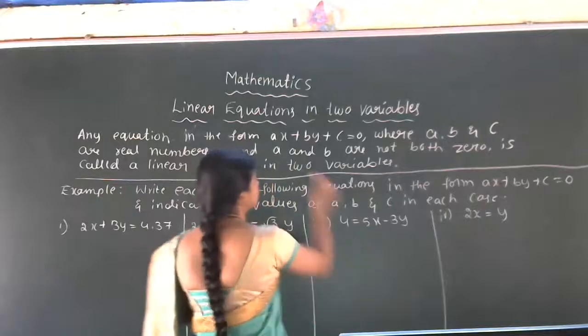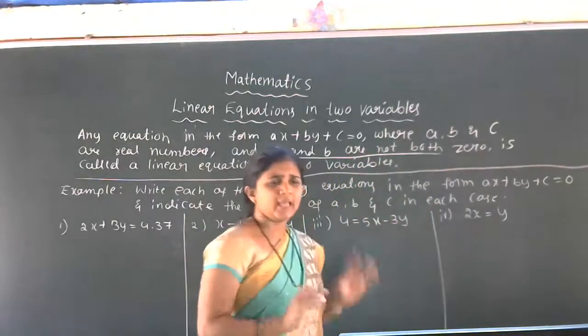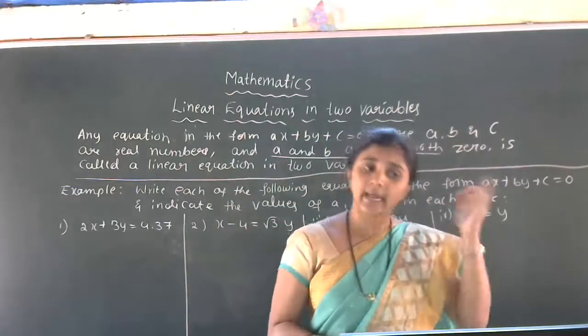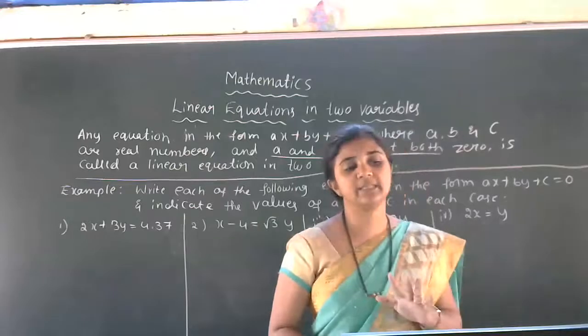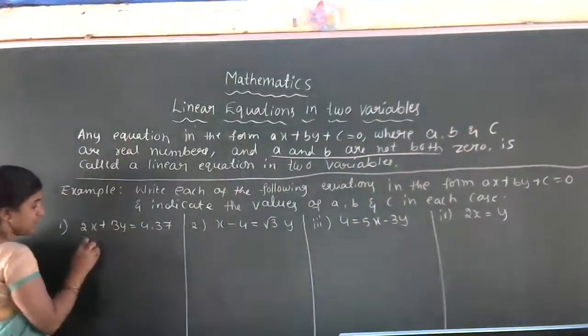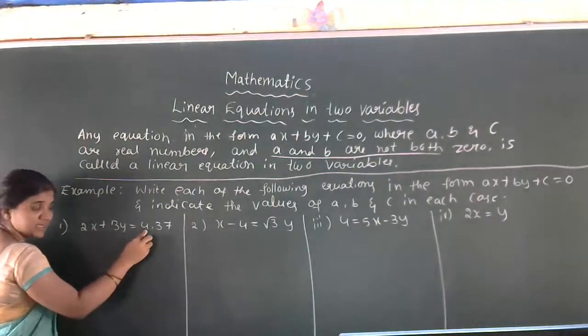Why are we saying a and b are not both 0? It indicates that either a is 0 or b is 0, but not both. In one problem here we are observing the a, b, c values: a value is 2, b value is 3, c value is minus 4.37.